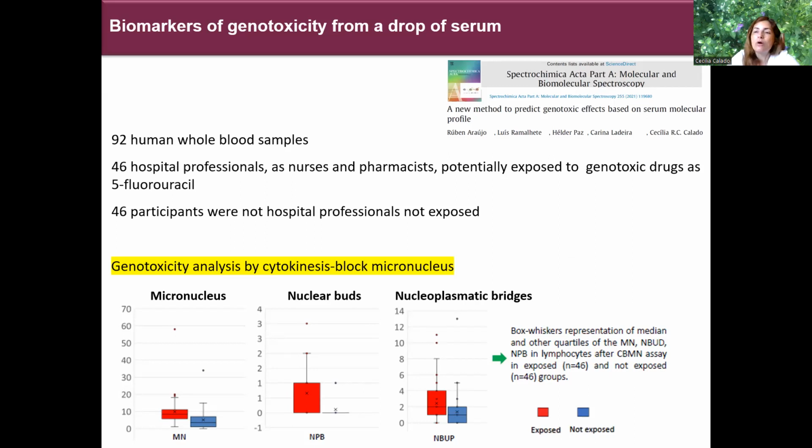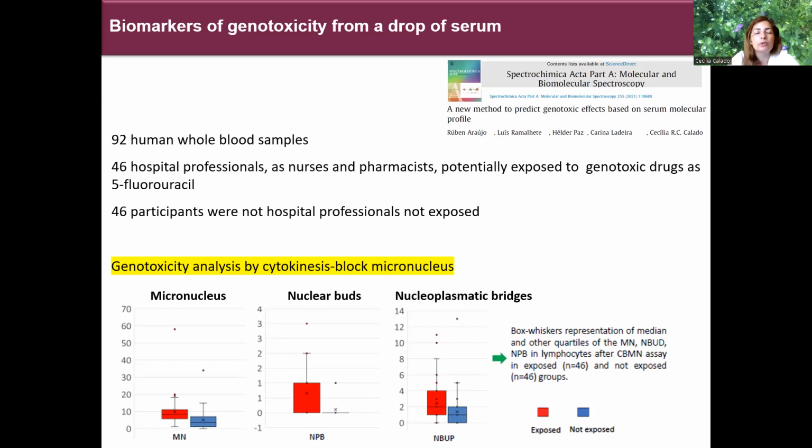Most of them work in a hospital environment and were exposed to surfaces that were contaminated with drugs that can act as genotoxic. So they can affect and alter the human genome, so they are very toxic. And we were able to predict these abnormalities of the human genome on cells from the immune system present in the blood.